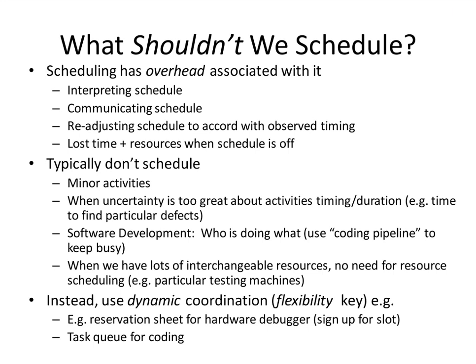So typically we don't schedule minor activities like these various sub-tasks within tasks. And we will often not schedule things like who does an informal peer review. We may not schedule certain types of debugging activities because we don't know whether or not they will be needed or how long they'll take.